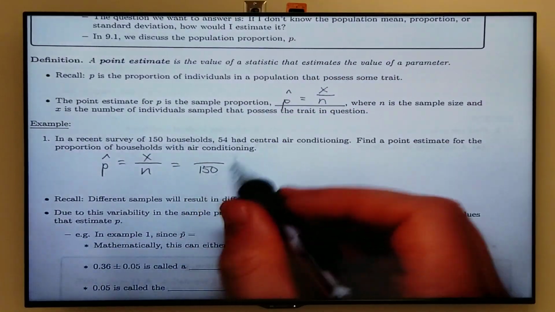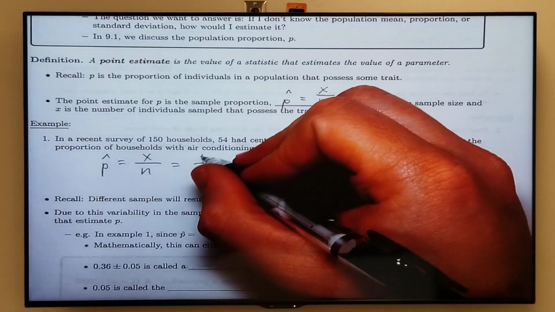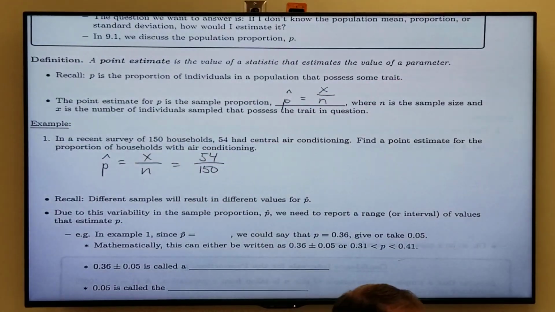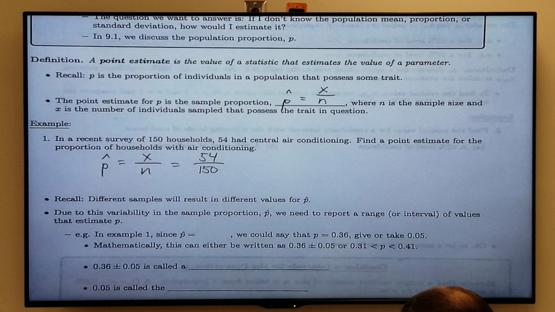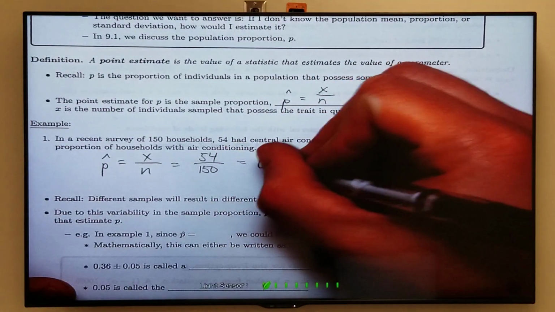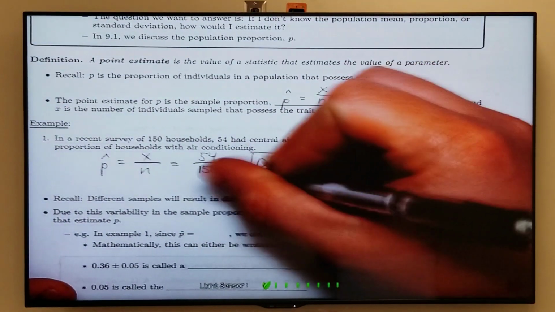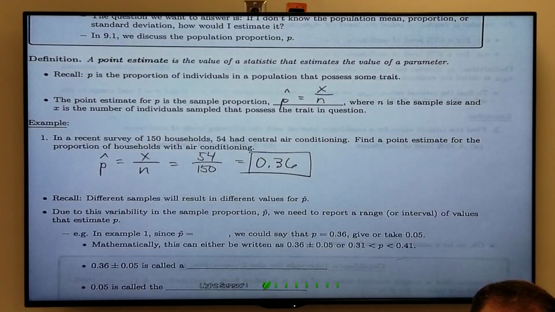And out of those 150, 54 of them had central air conditioning. So it's 54 out of 150, which comes out to 0.36. So there's the point estimate for our population parameter.